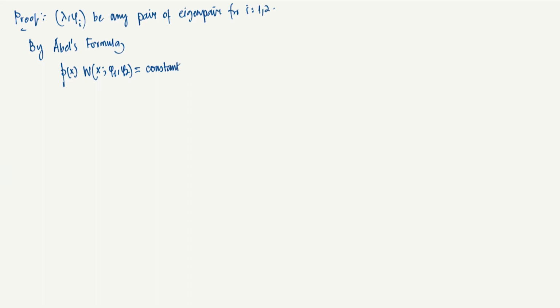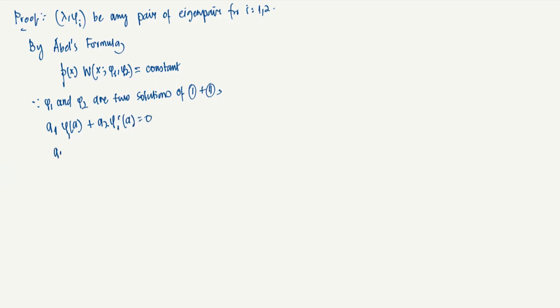Now let's look at it. Since phi1 and phi2 are two solutions, they will satisfy the boundary conditions. So that gives a1 times phi1 at the point a plus a2 times phi1 prime at the point a equals 0.